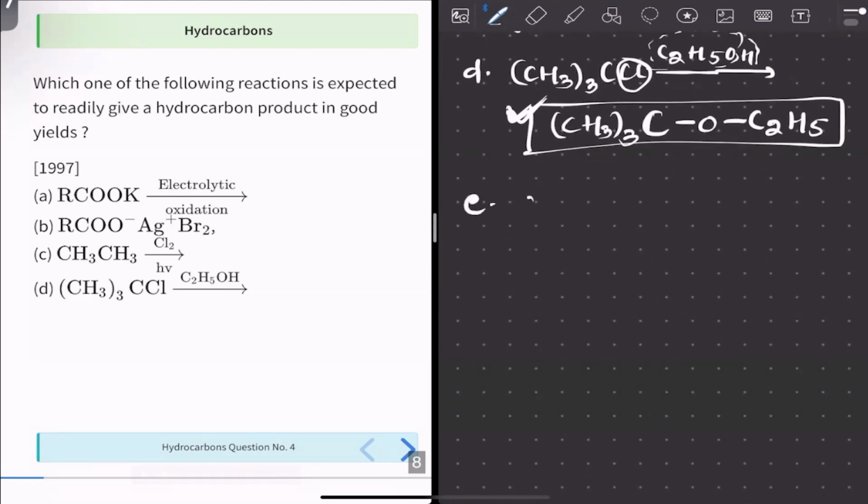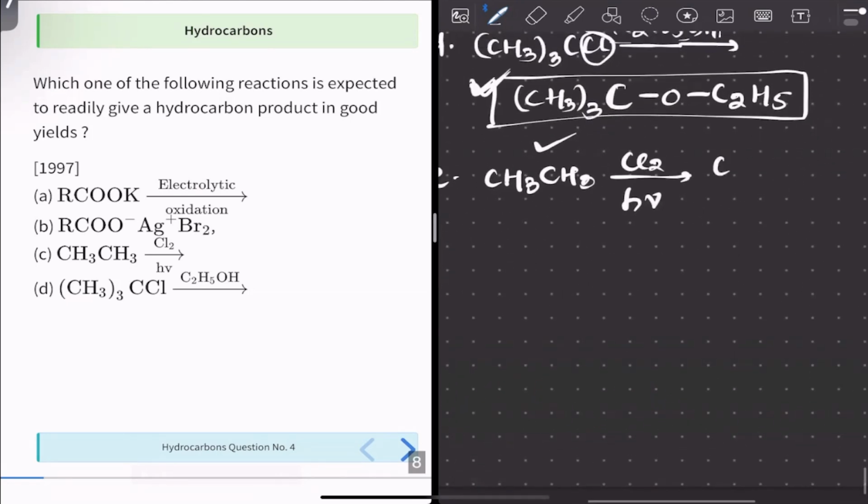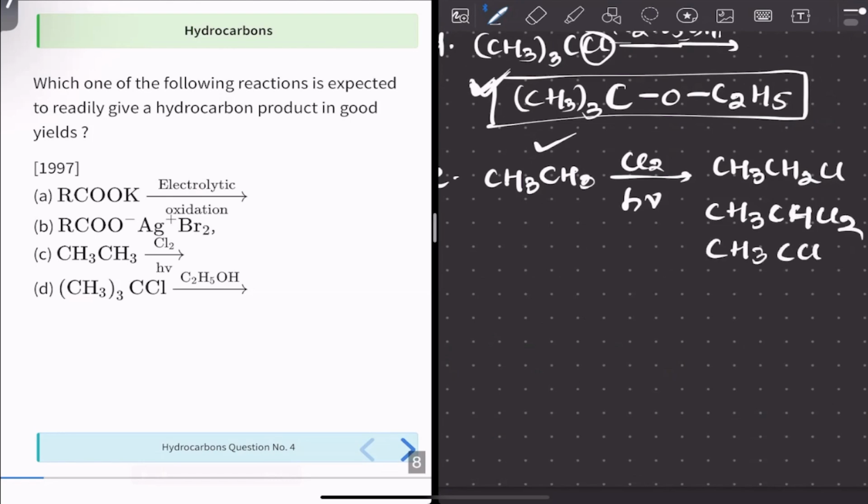Option C, CH3CH3 with chlorine. So it is a chemical reaction of hydrocarbons, it will yield CH3CH2Cl, or CH3CHCl2, CH3CCl3, or CH2Cl, CHCl2, CCl3.